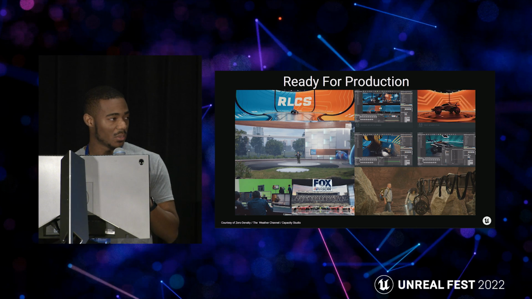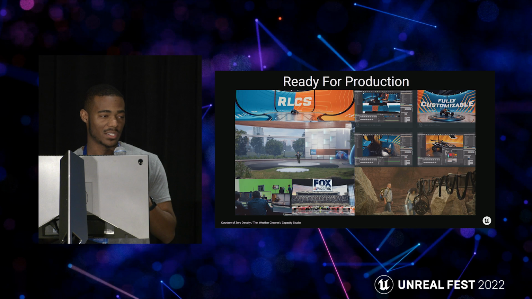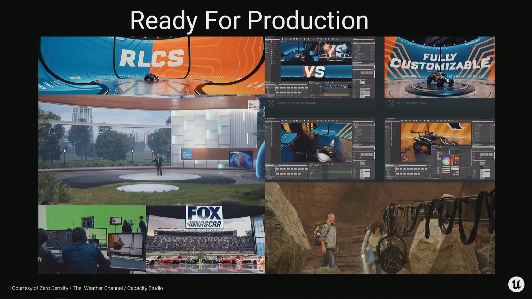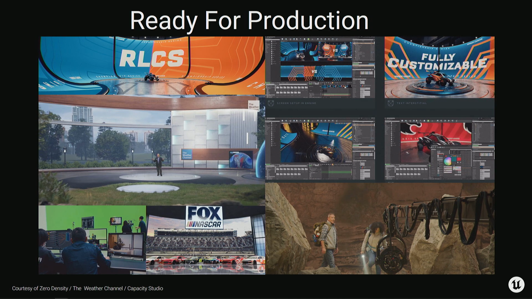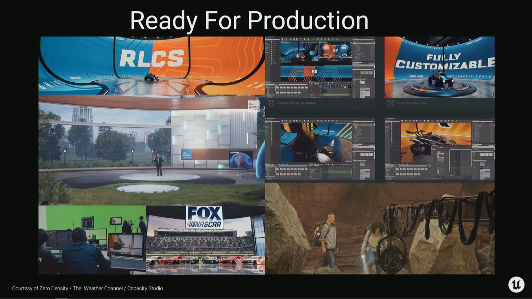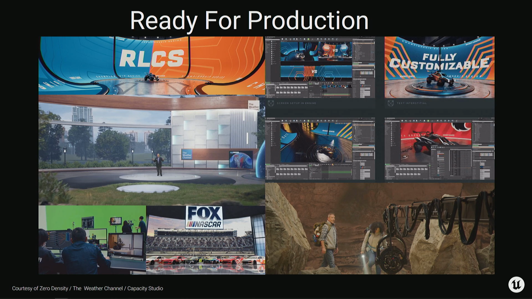But one key tool that we used to make that process a little bit easier, and we shipped a small sample with it, was the remote control preset. You can also see that our partners at Zero Density, who power the Weather Channel's virtual set, as well as the Fox NASCAR set, chose to use remote control API as their means of communication. So it's very battle tested in the field and reliable, so it's ready for production.